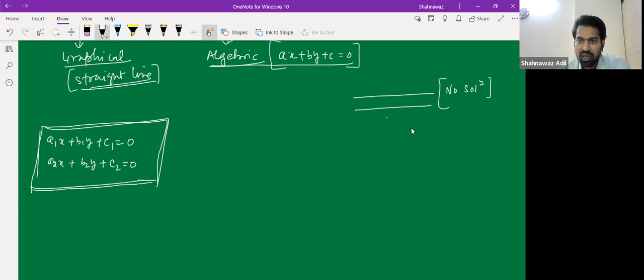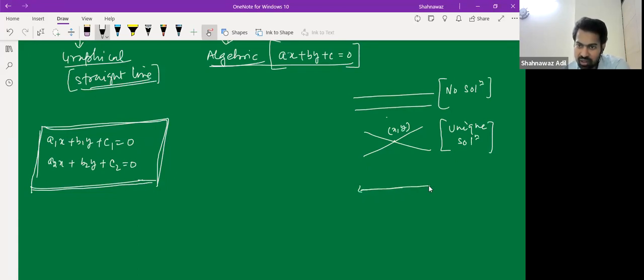And if lines are intersecting, this will give a unique solution, meaning only one solution. This point will give you the value of x and y. Okay, guys. Yes, sir. And then you have the third thing, which is the coincident lines. So this one is the parallel line. This one is intersecting.